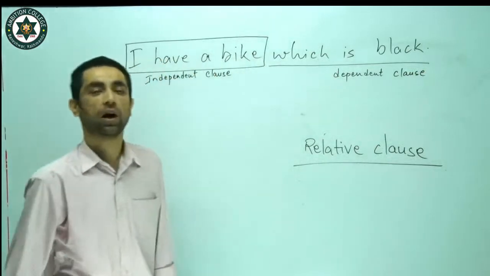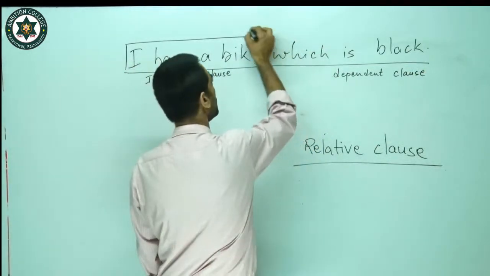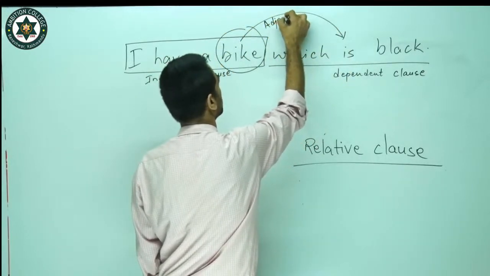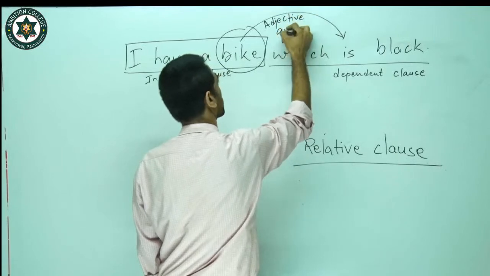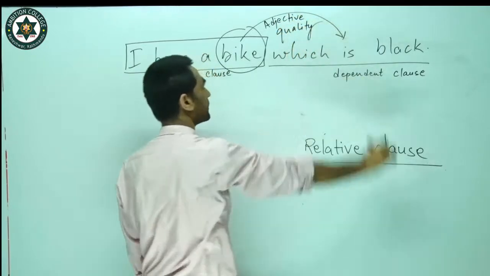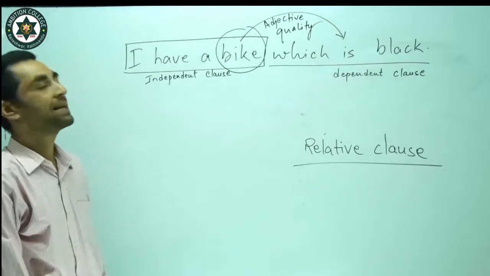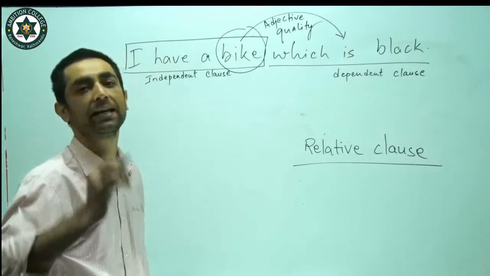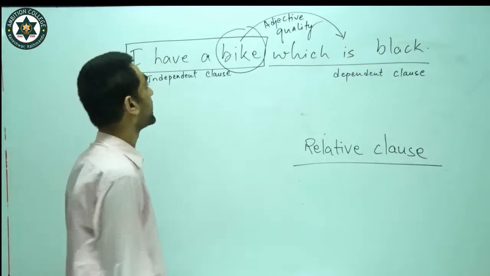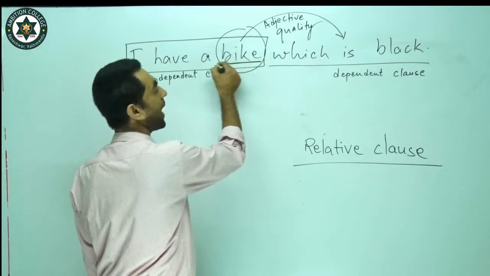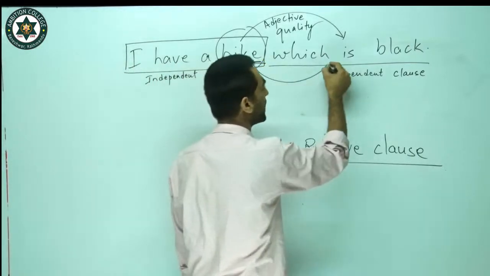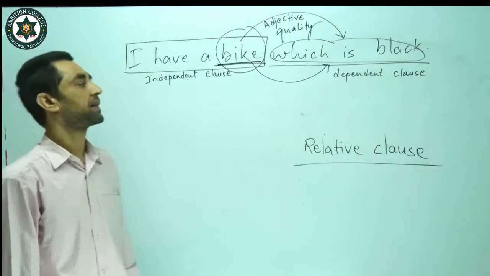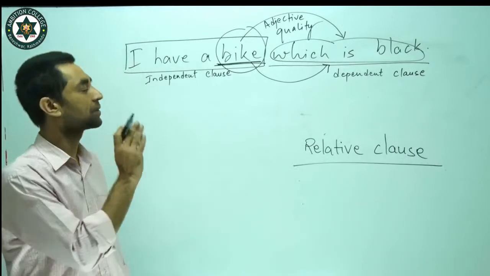This dependent clause is actually functioning as an adjective. It is functioning as a quality-indicating part of the sentence. Here the quality of the bike is being elaborated with the help of this clause.